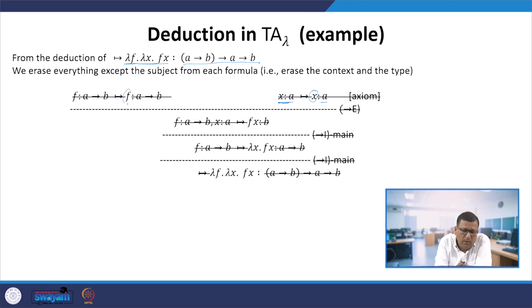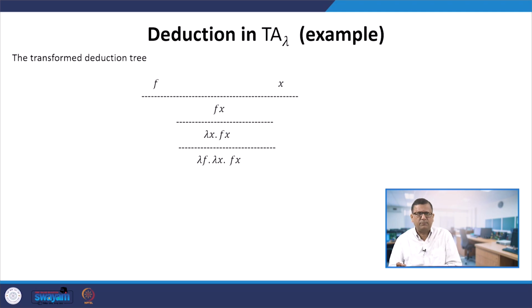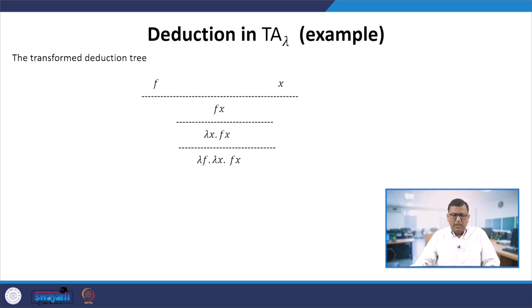Similarly we are going to keep this f here, and likewise for each formula we are going to keep only this part and erase the rest. If we do this, the transformed tree will look like this. It has only the subterms, fx, fx, lambda x dot fx and lambda f lambda x dot fx.